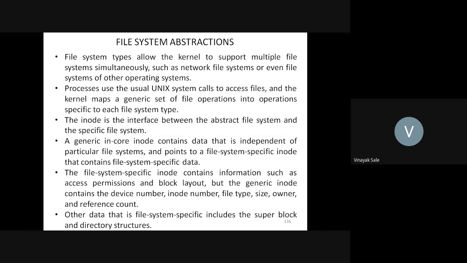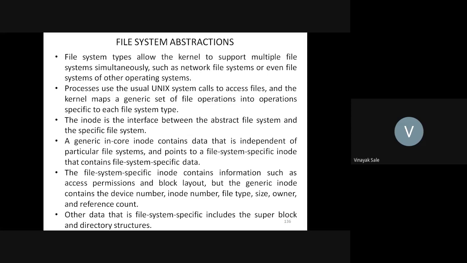Processes use the usual unique system calls to access files, and the kernel maps the generic set of file operations into the operations specific to each file system type.